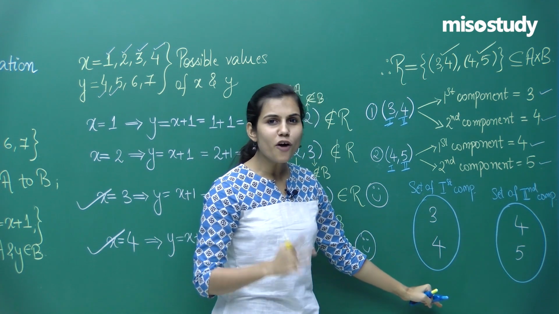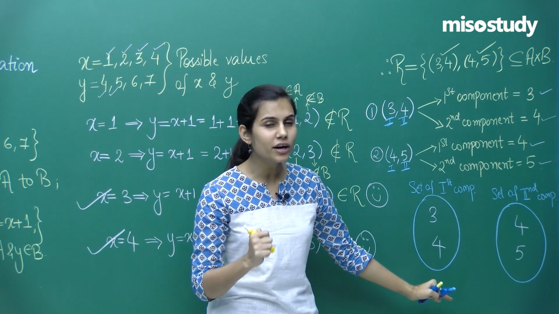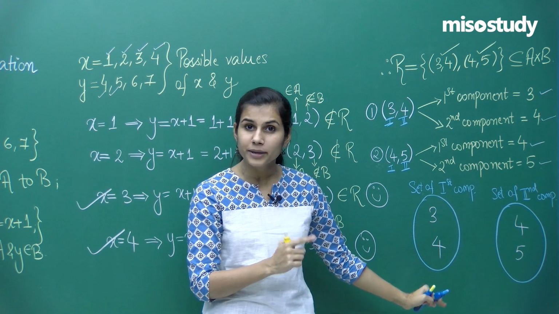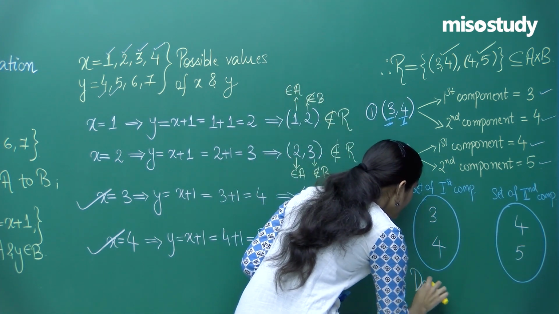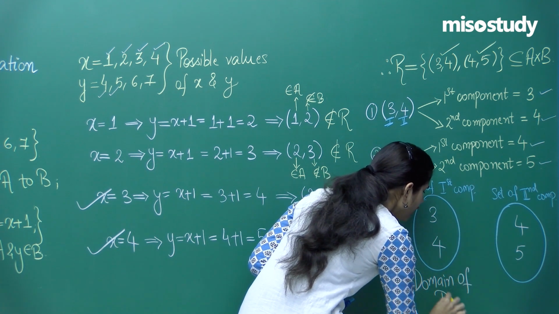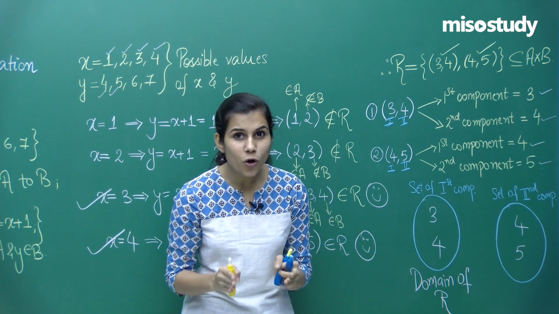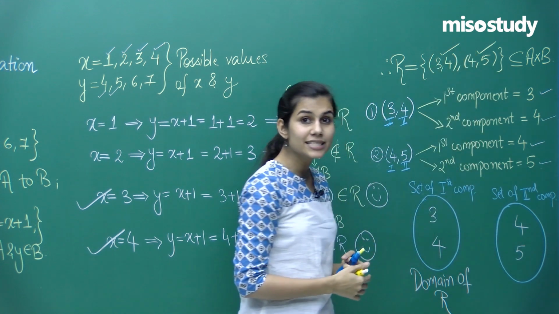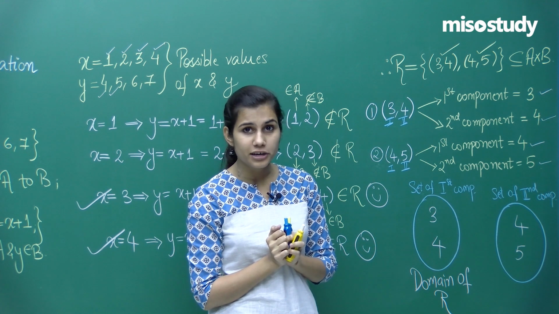Well, the set of all the first components, if you collect from the ordered pairs sitting in the set R, which is the relation from A to B, this particular set is what is called the domain of the relation R. So what is the domain? You just need to look at the ordered pairs and collect the distinct first components of all the ordered pairs.